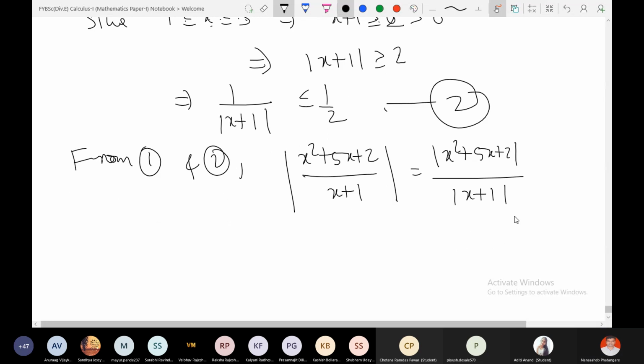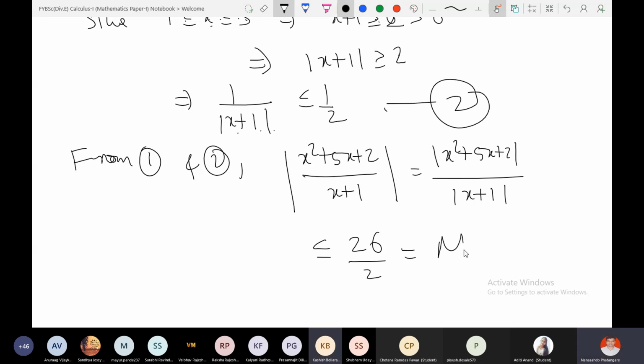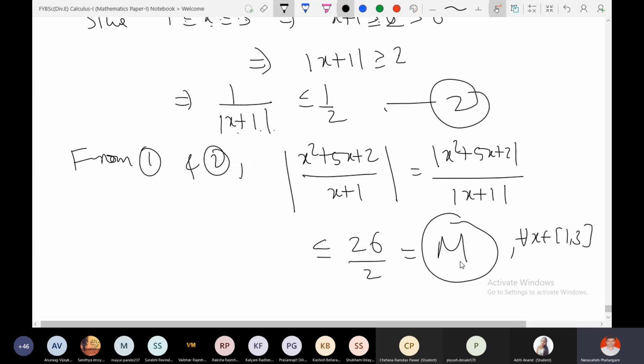But the numerator is less than or equal to 26, and 1 upon the absolute value of x plus 1 is less than or equal to half. So the whole thing is less than or equal to 26 by 2. Am I right? This is correct. This is the number which we wanted to produce, right? And this is true for all x between 1 and 3. And what is the conclusion? We can produce a number which bounds such numbers above as well as below.